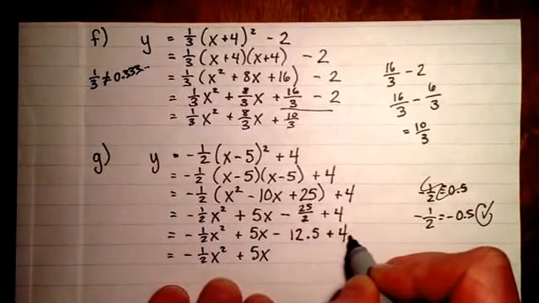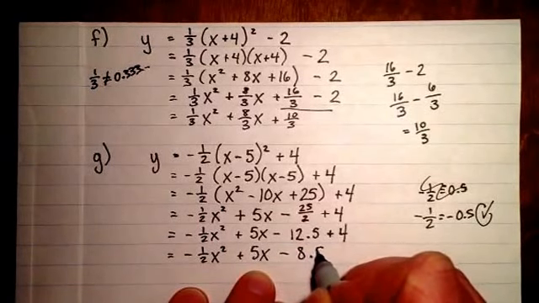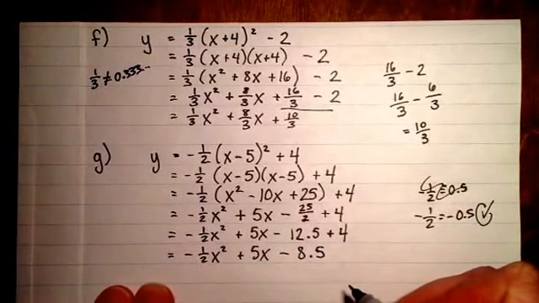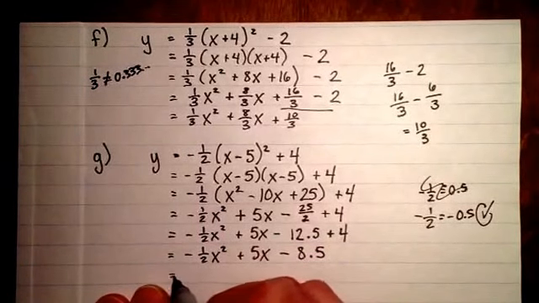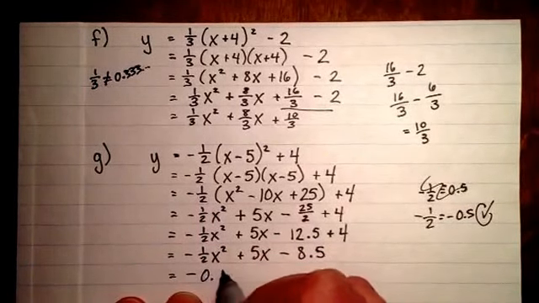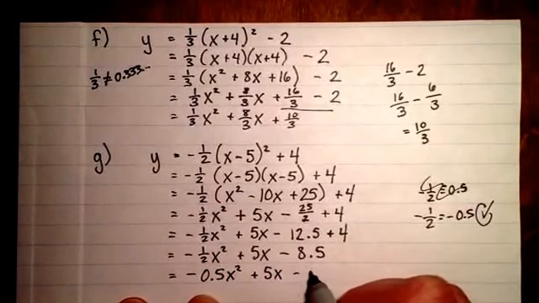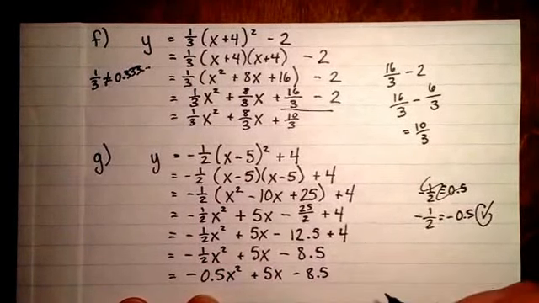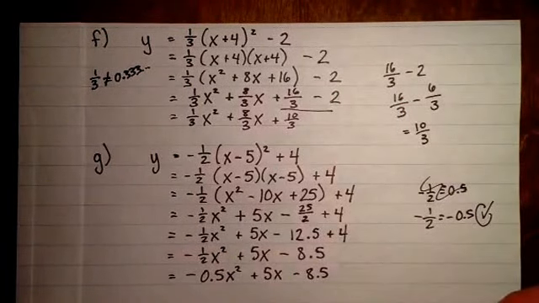So negative 12.5 plus 4, it's going to be negative 8.5. And then I suppose we should either change this to a fraction or change that to a decimal. It's nice to have them both the same. You could put 8 1/2, or you could put 17 halves as well.